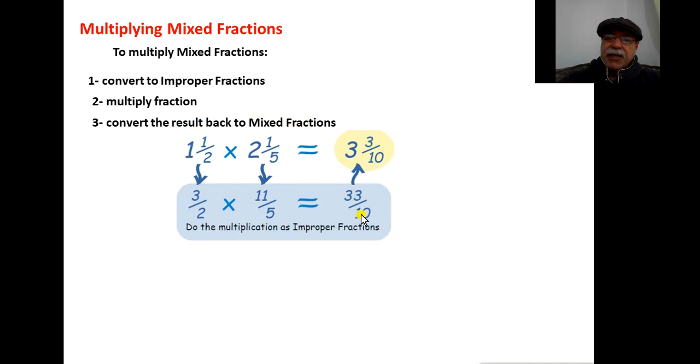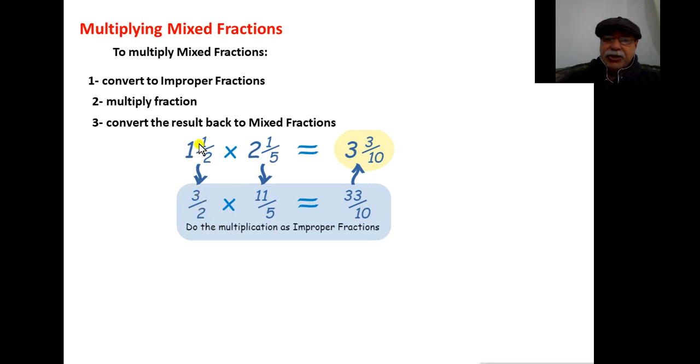You see this like the picture I show you. This mixed fraction 1 1/2 times 2 1/5 equals 3 3/10. How do you see this? 2 times 1 is 2, plus 1 is 3, so 3/2.